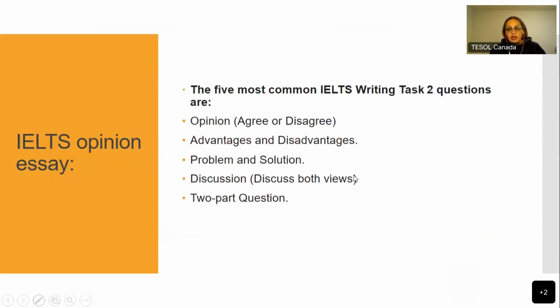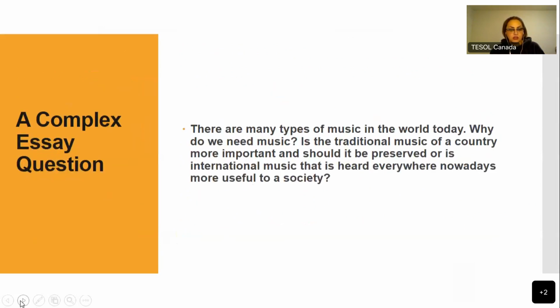Common IELTS writing task 2 questions are on opinion, advantages, disadvantages, problem and solution, discussions, different views, and two-part questions. It may be opinion and problem and solution. Okay? Here it says, for example, there are many types of music in the world today. Why do we need music?